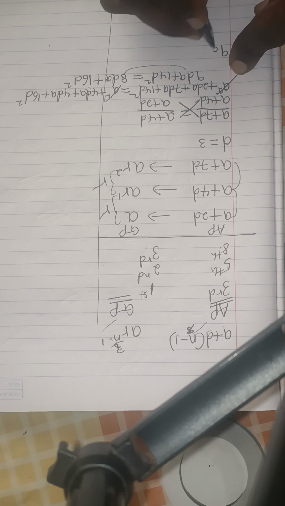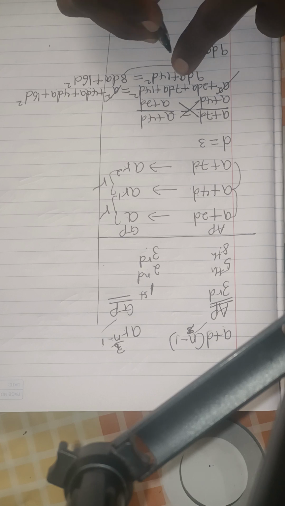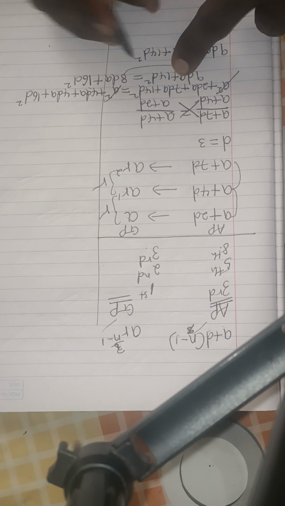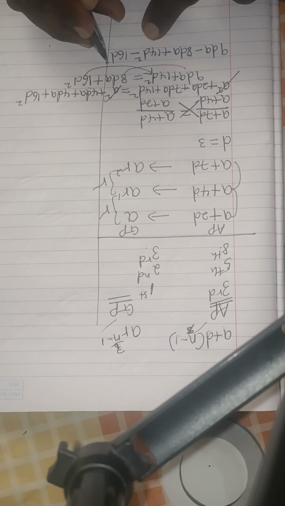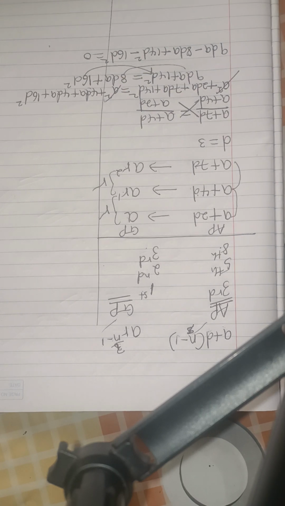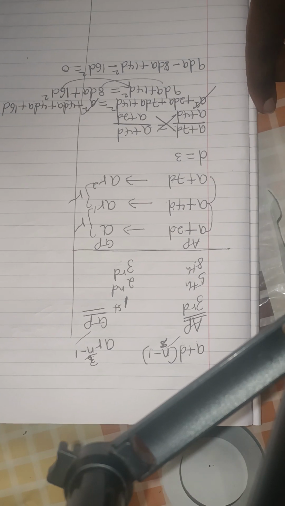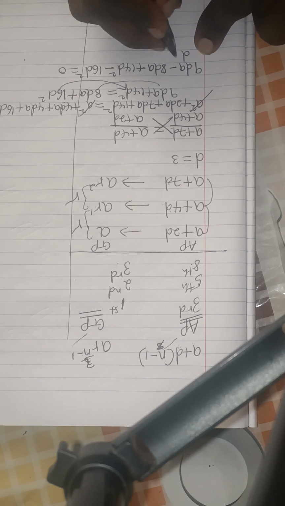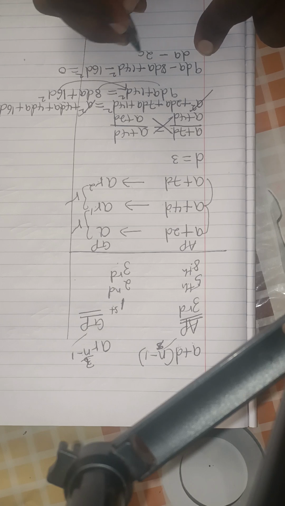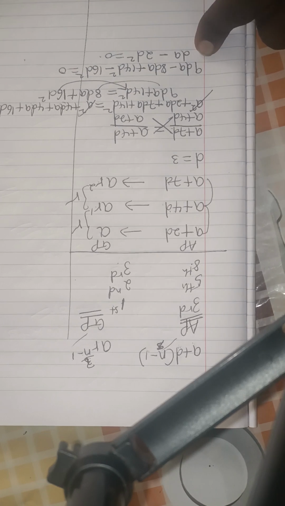So 9da minus 8da, then plus 14d squared. We shall take this on this other side, minus 16d squared. That answer must be equal to 0. Okay, let's proceed. We shall have da minus 2d squared should be equal to 0.